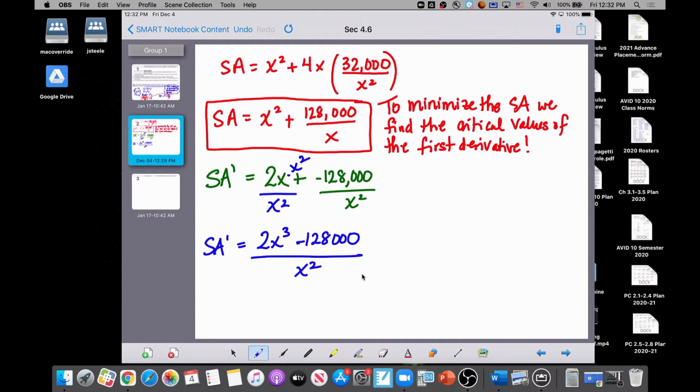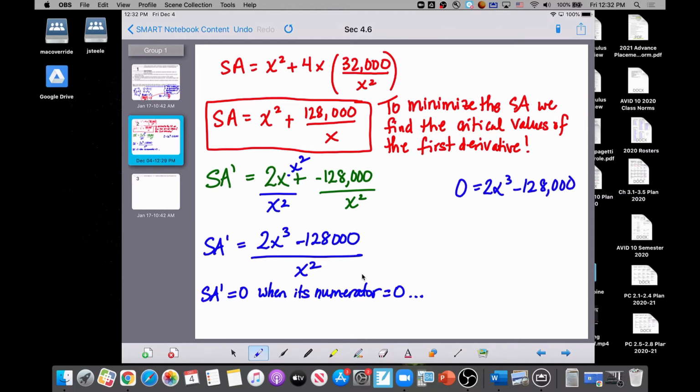All right, so this equation is equal to 0 when its numerator is equal to 0. So I'll write that down. SA prime equals 0 when its numerator equals 0. So 0 is equal to 2x cubed minus 128,000.